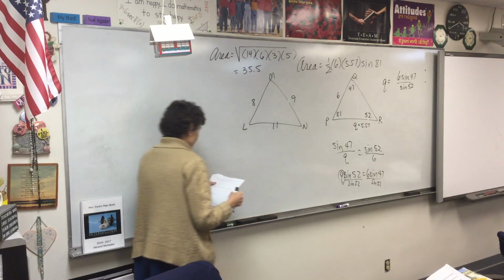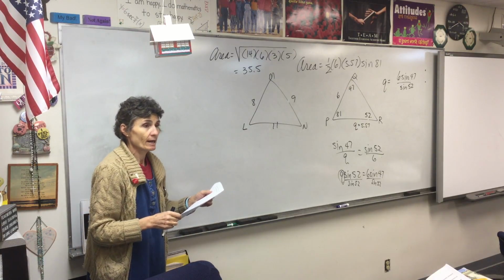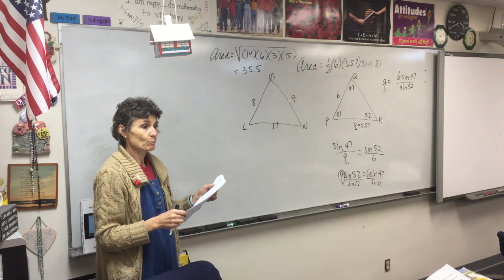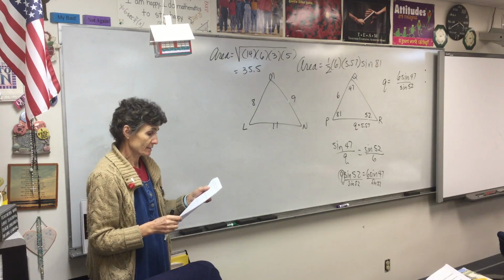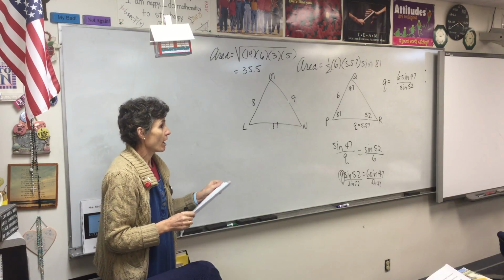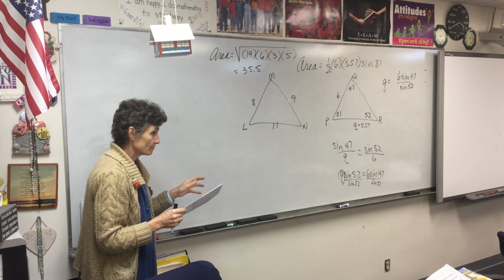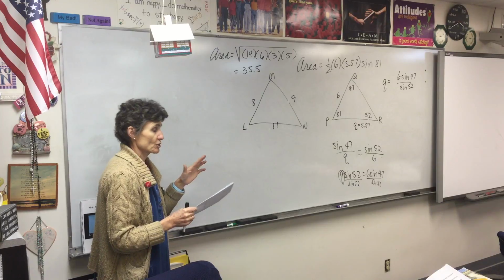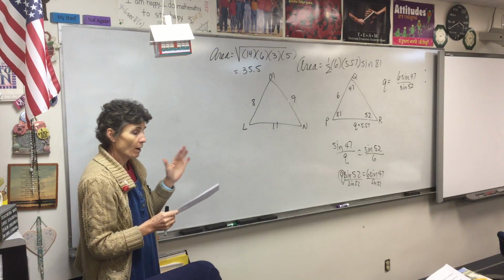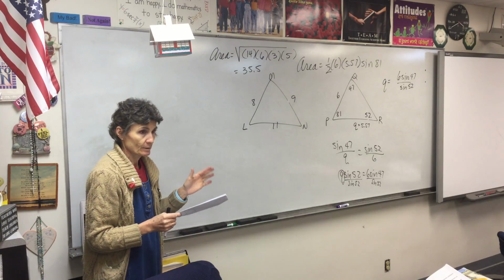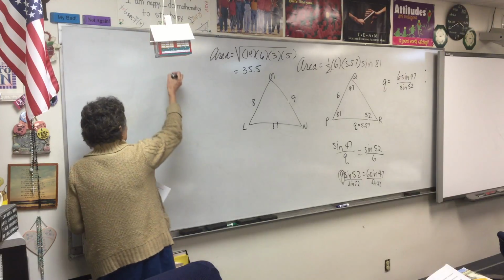So here we go. Find the area of a regular octagon inscribed in a circle with a radius of 12. Okay, oh my gosh. Okay, what do we do first? Let's draw a circle.